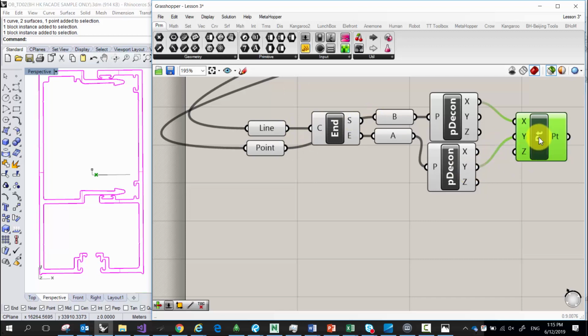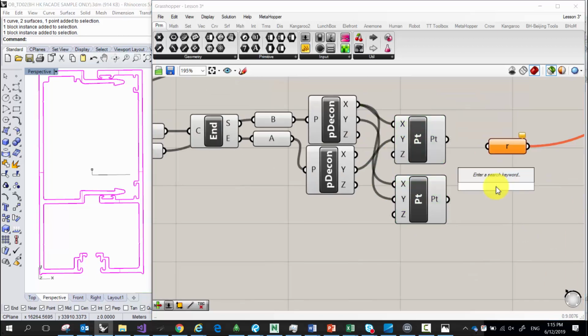I know that the distance between this point here and A is, for the moment of inertia about the vertical axis, which is y, the right distance. If I want the moment of inertia about the x, it would have to be which one? I'd need another point, and that point would most likely be B. So it would be the y of B and the x of B. Boom.